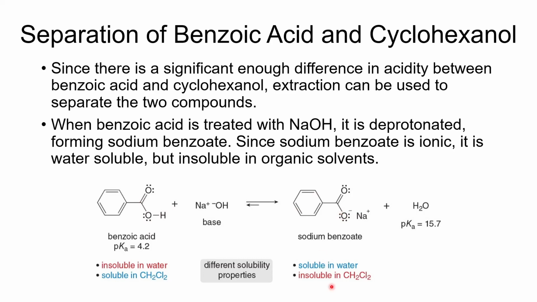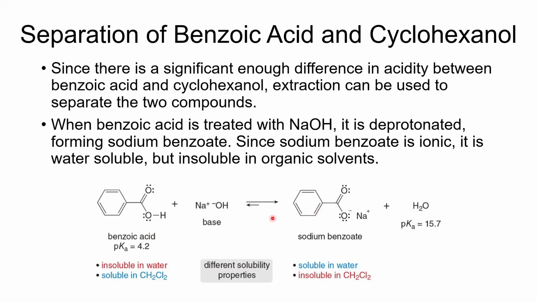Sodium benzoate is insoluble in dichloromethane because it is ionic, and it is quite soluble in water. So by treating it with the base, we make our benzoic acid into sodium benzoate and make it soluble in water. This is how we separate it.